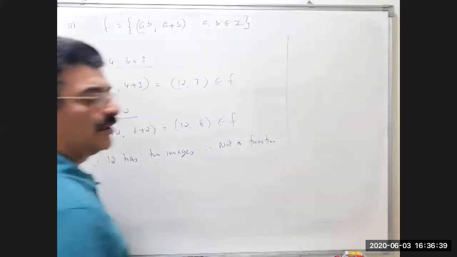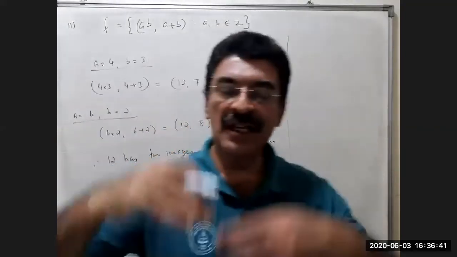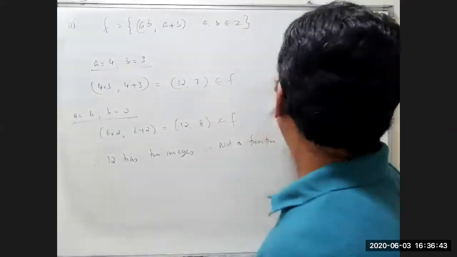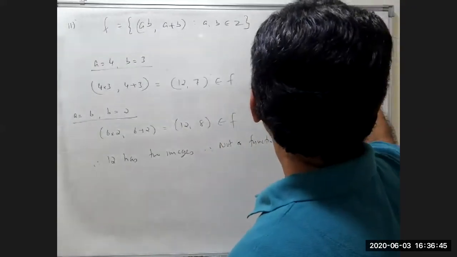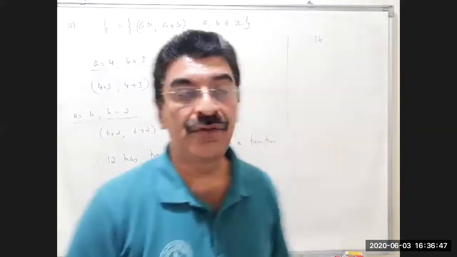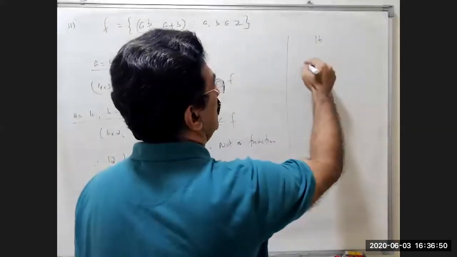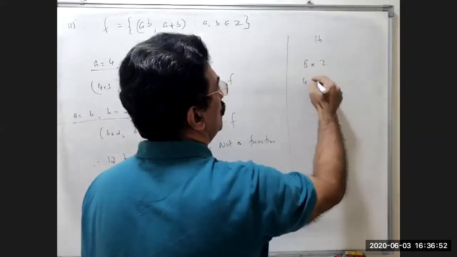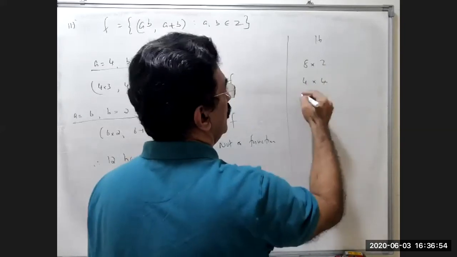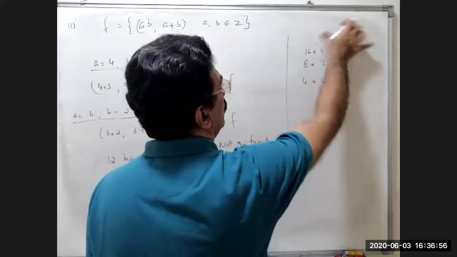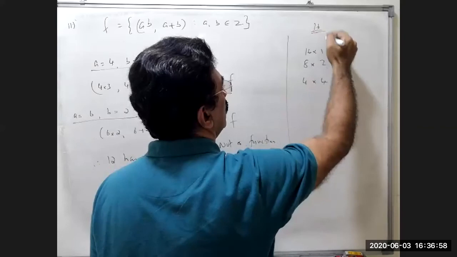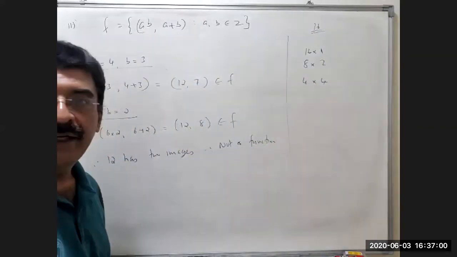In short, take any number, find the factors. So for example, take 16. Which are the factors of 16? 8 into 2, 4 into 4, 16 into 1. These are all factors of 16.